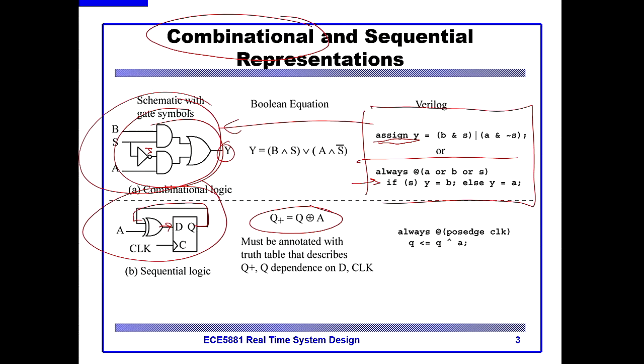But you need to, of course, annotate that in your notes to understand what that means. In Verilog, we have this construction called posedge clock, and we'll come back to that later, but it enables us to represent sequential logic. So that's a bit of an overview.